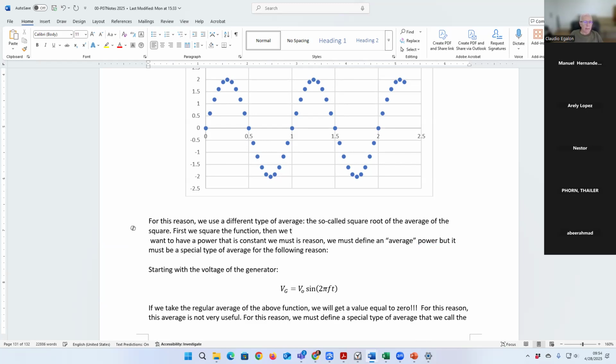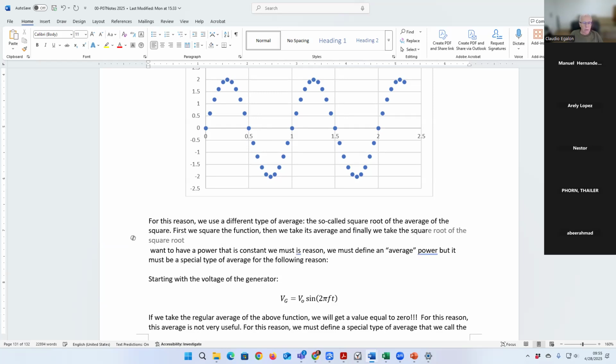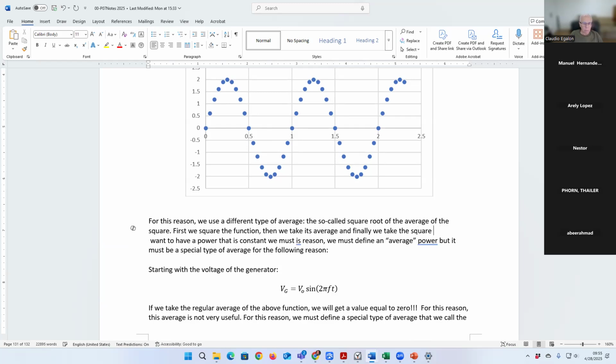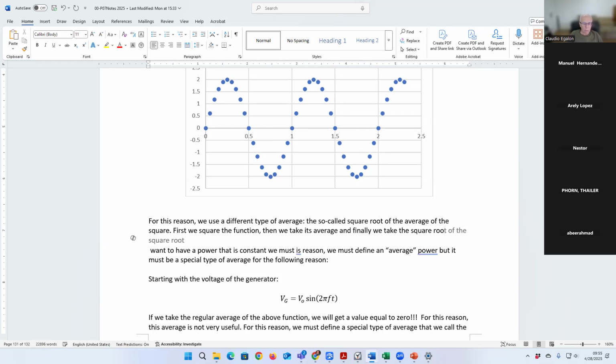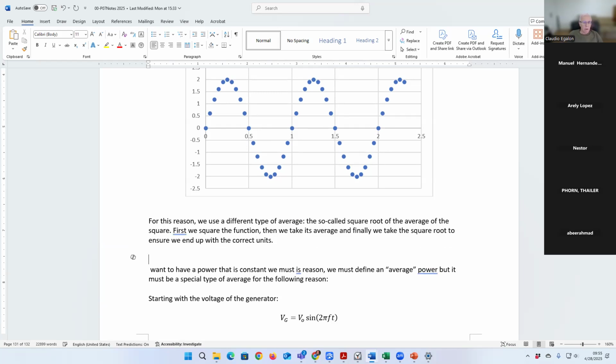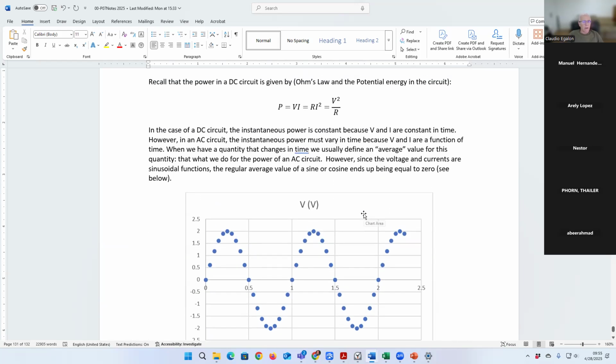Then we take its average. And finally, we take the square root to ensure we end up with the correct units.